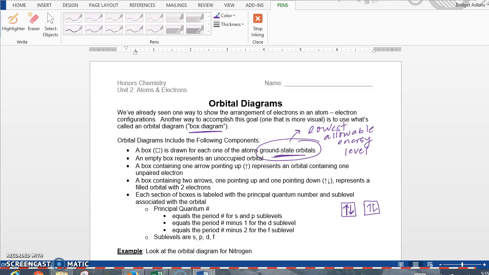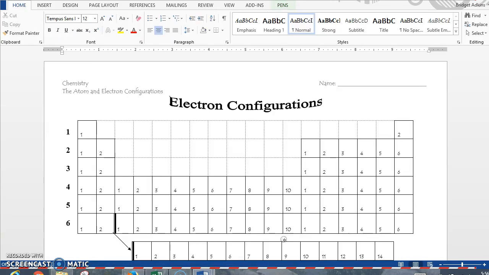Alright, so I've given the principal quantum numbers. You guys aren't responsible for knowing principal quantum numbers, but they do correspond to the S, P, D, and F that we saw with our electron configurations. So with the S, if you go back to this periodic table, every time we looked at S, the capacity was always 2 electrons. It always went 1, 2, 1, 2, 1, 2.